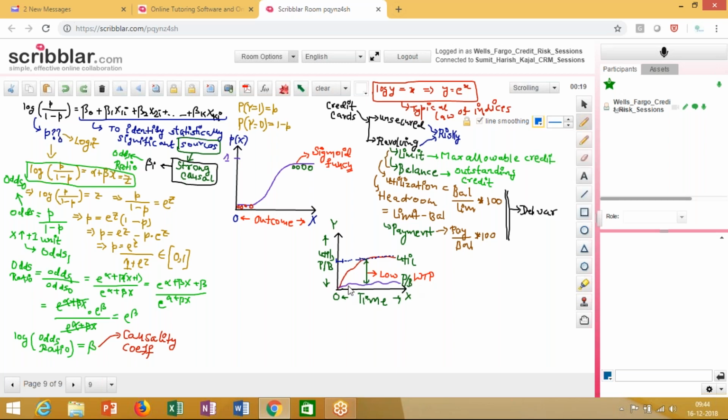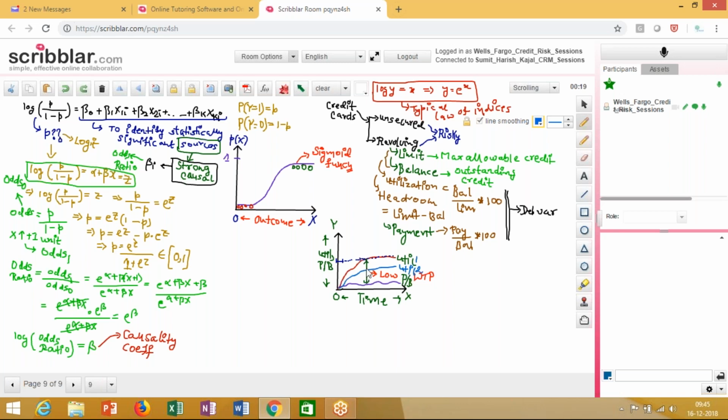But he comes with a lower utilization. Let's say this is utilization 2. So this is utilization 1, this is utilization 2.